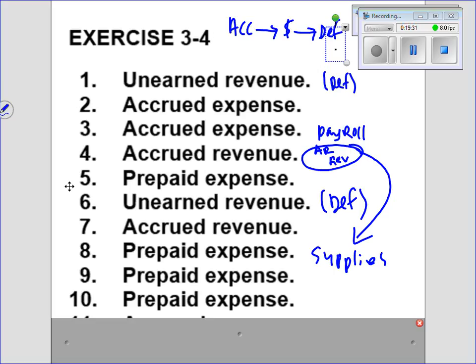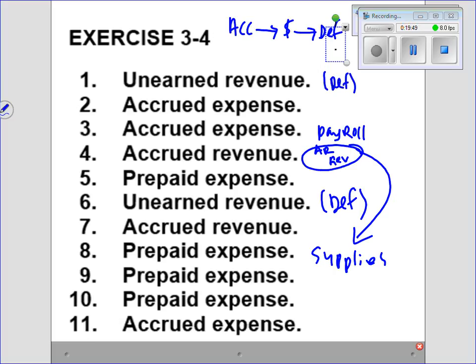And finally, number 11, Hart borrowed $10,000, signing an 8% 1-year note. Okay, well, have we paid that yet? No. But is some interest ringing up every month that goes by? So it's an accrued expense. It's piling up what we owe.